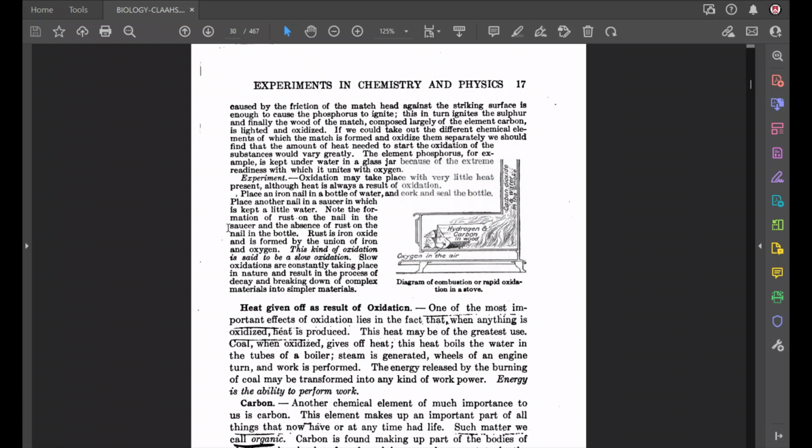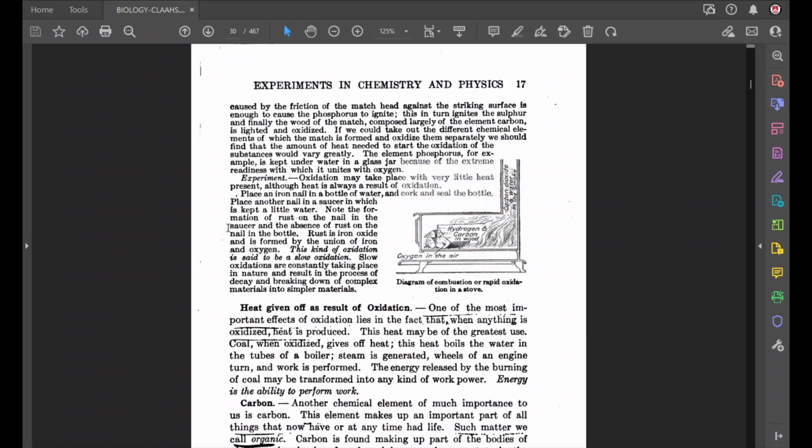Note the formation of rust on the nail in the saucer and the absence of rust on the nail in the bottle. Rust is iron oxide. That's what rust is. So if you take an iron nail and rust forms on that nail and you scrape that rust off into a test tube, you have a chemical compound called iron oxide.